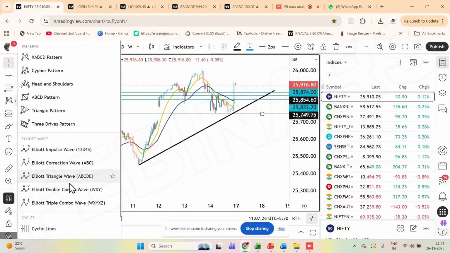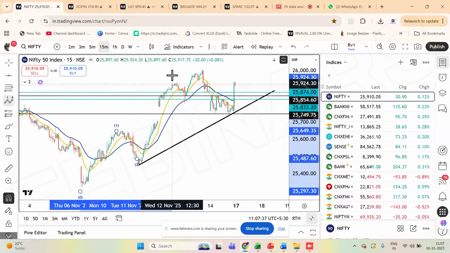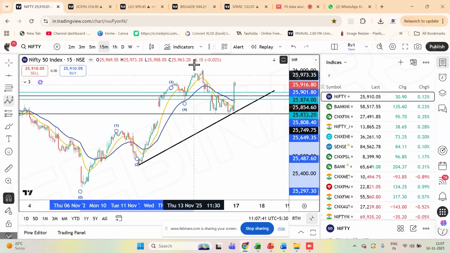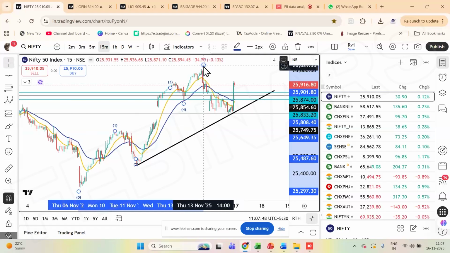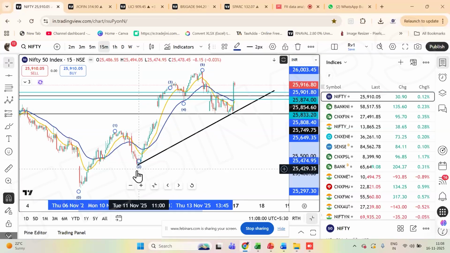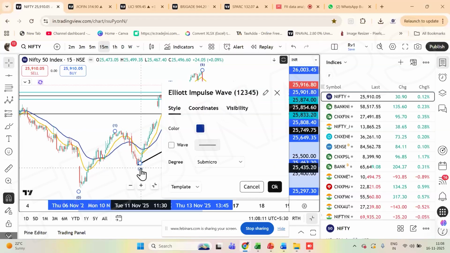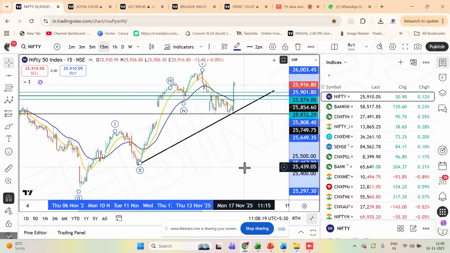Let me share some of the short term wave counts. These are the wave counts we are seeing now.